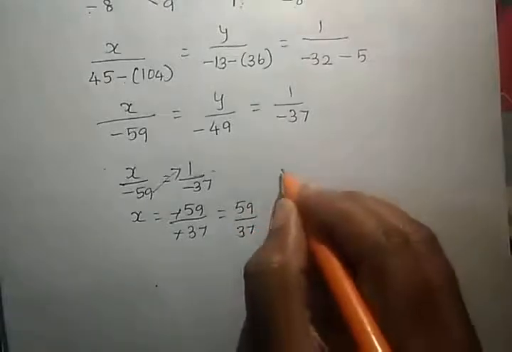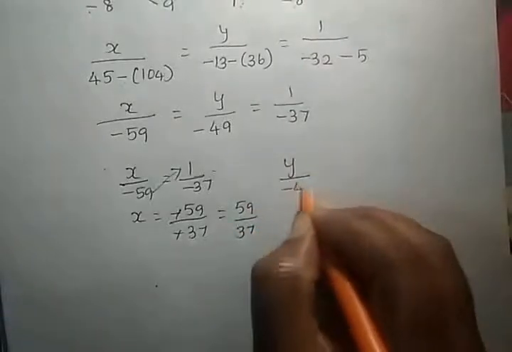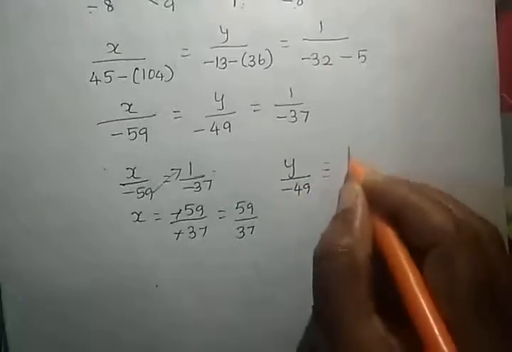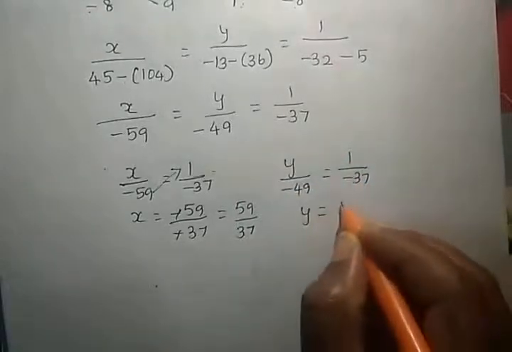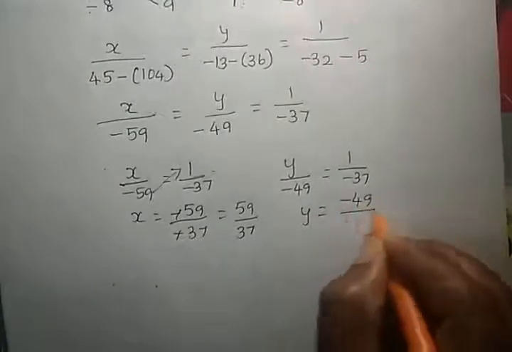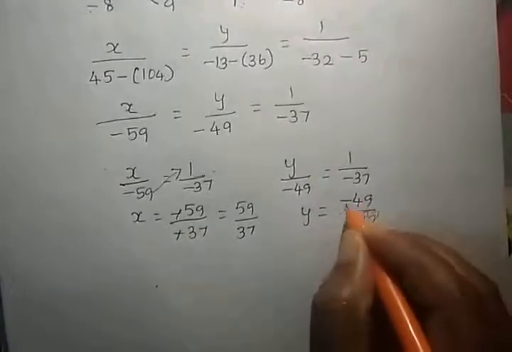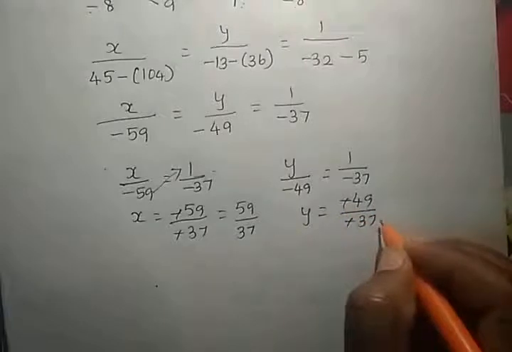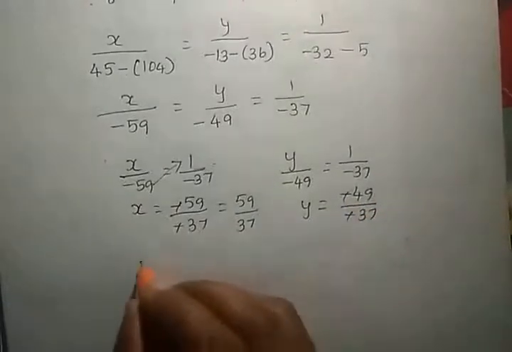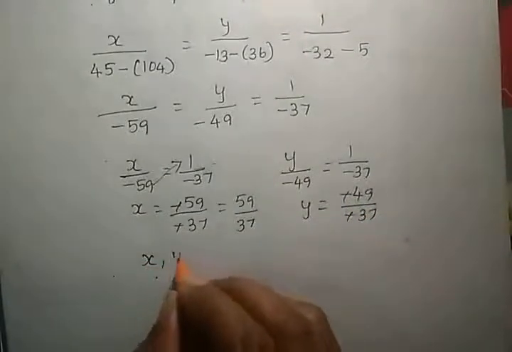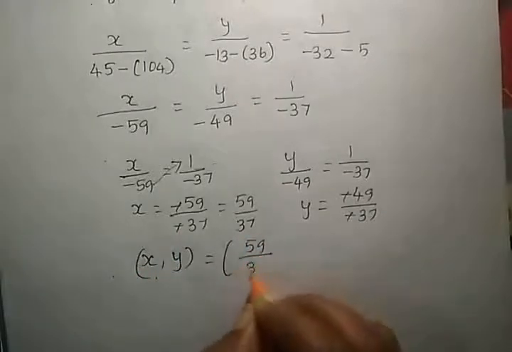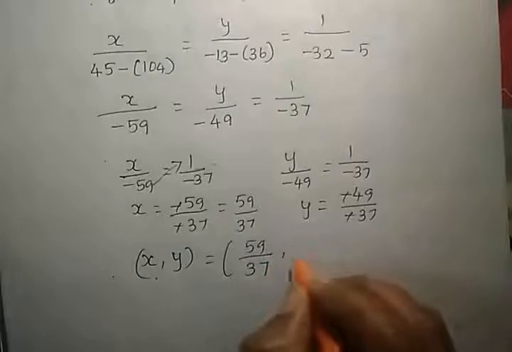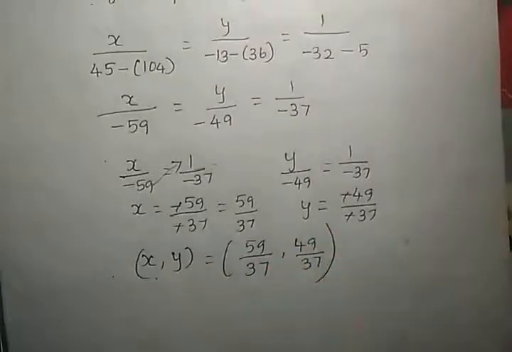And the y value: y by minus 49 is equal to 1 by minus 37. Then y is equal to minus 49 by minus 37. Minus minus cancel, so 49 by 37. So the line passes through the point x is 59 by 37 and y is 49 by 37.